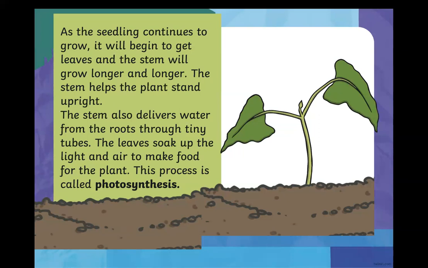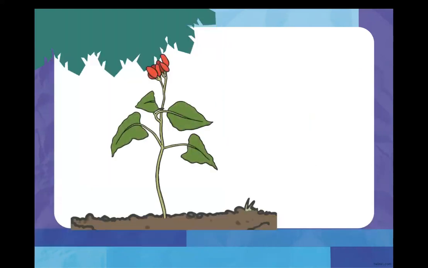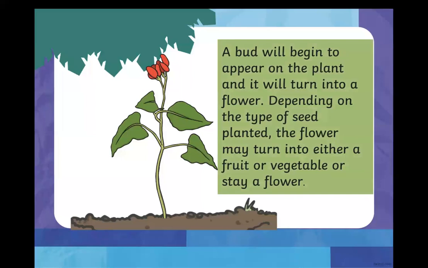The plant cannot make its food with only one of them, the light or the air. It needs both of them to make food. During the night, plants cannot make their food because there is no sunlight. They just have to rest.